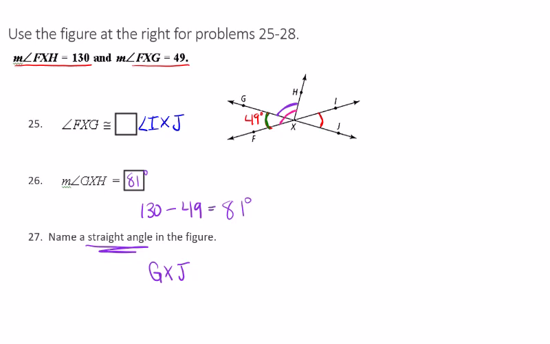All right, and one question I want to ask you as well is straight angles are formed by what type of rays? So if I have a straight angle here like GXJ, then those are formed by what kind of rays? So we have ray XJ and ray XG, right? And so those are, that's right, opposite rays. Okay, so straight angles are formed by opposite rays.